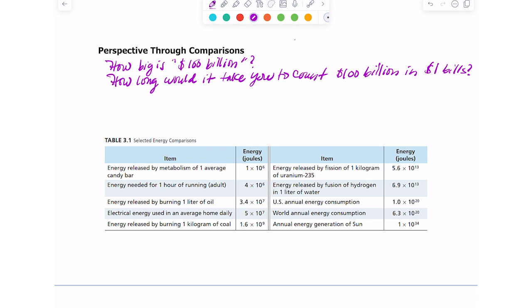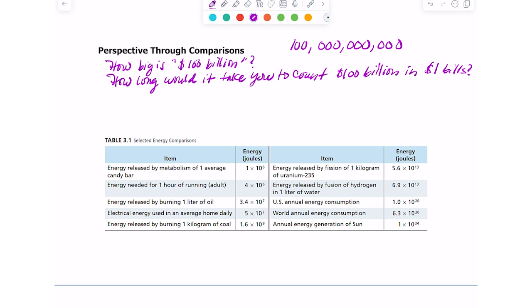Well, let's see, if you counted $1 a second, right? Let's just assume that. It would take us 100 billion seconds. So let's start there. And 100 billion, if we were to write that out, would look like this.